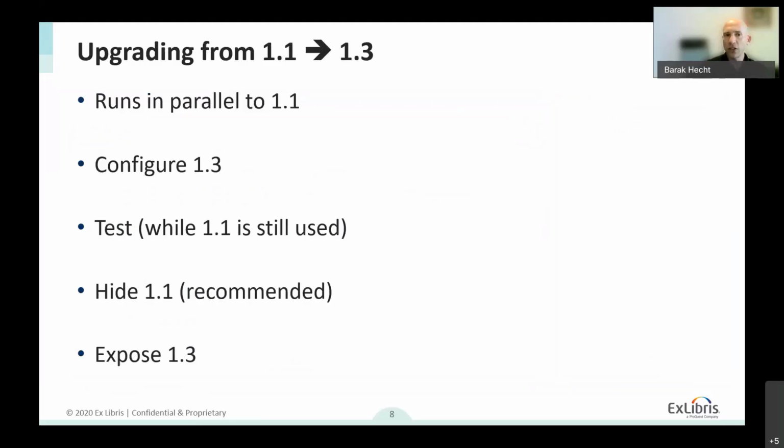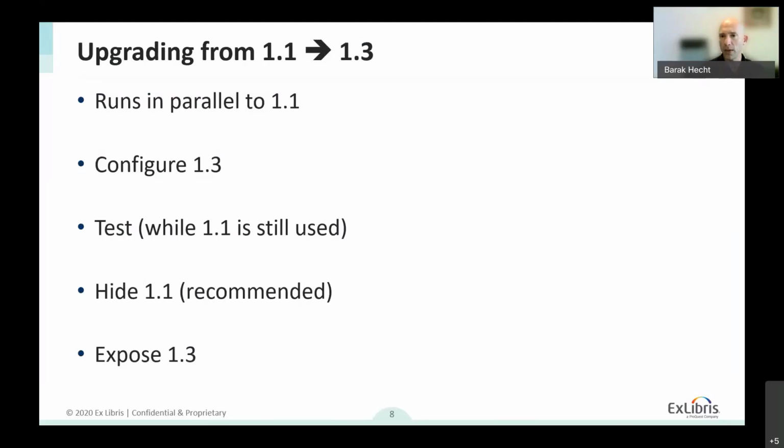A suggestion of how an upgrade can occur. So first of all, you need to understand that in your LMS, you can run LTI 1.1 in parallel with 1.3. I already explained that from the Alma side, you can open as many doors as you want. So you can immediately open a 1.3 integration profile.